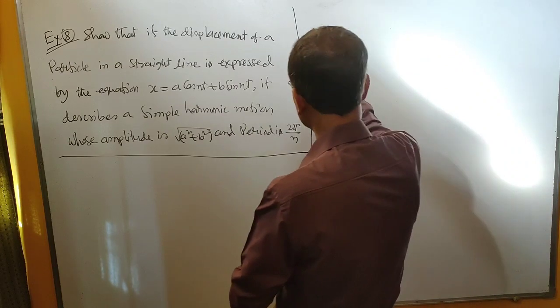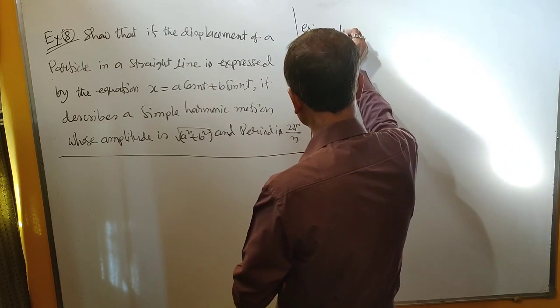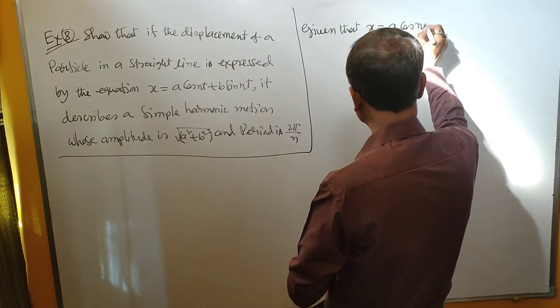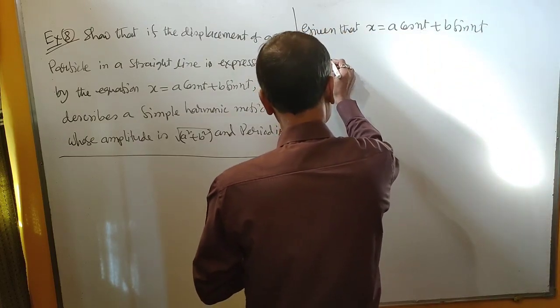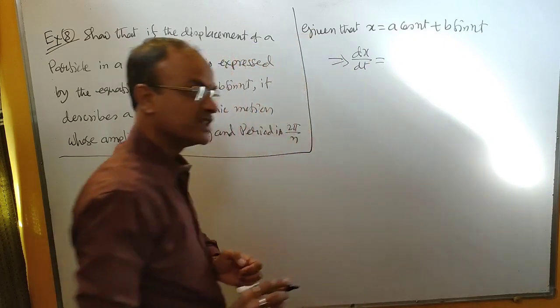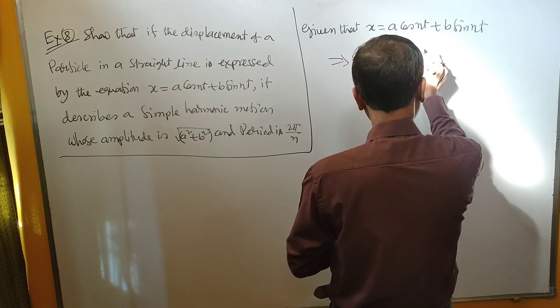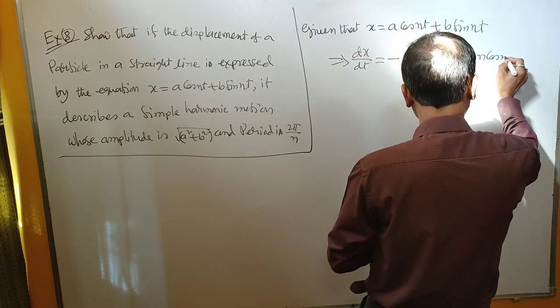Given that x = a cos nt + b sin nt. Differentiating with respect to t, dx by dt = -an sin nt + bn cos nt.